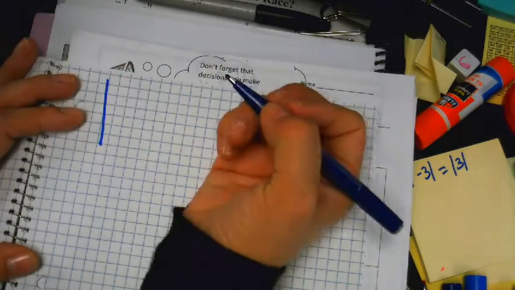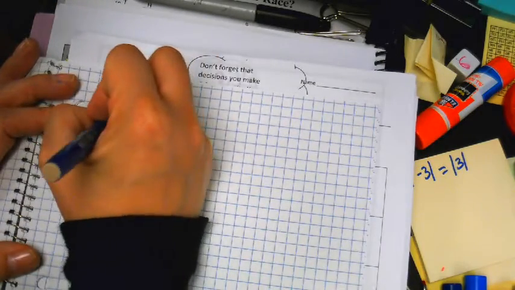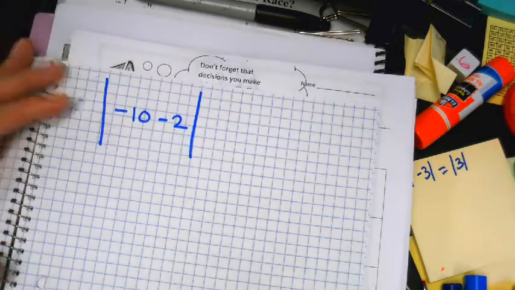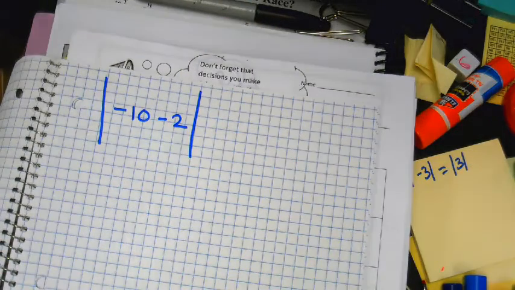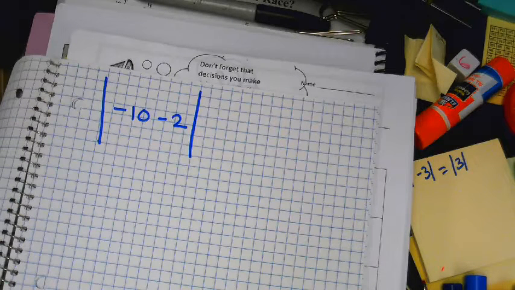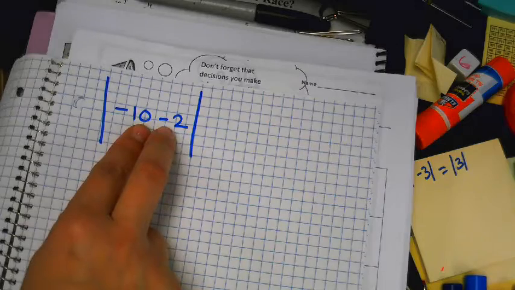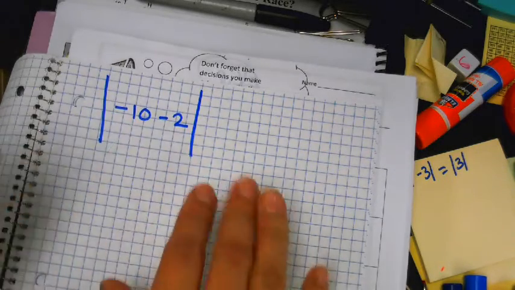All right. Absolute value of negative 10 minus 2. Write this down. Is there one number inside? No, it's a problem, right? So when you have a math problem, do the math problem first.